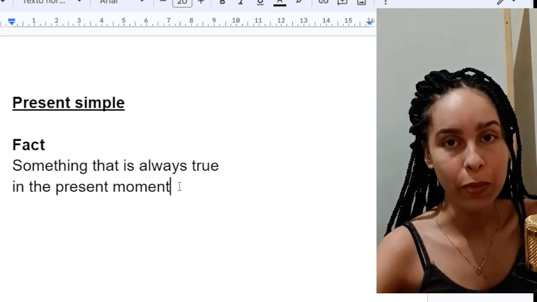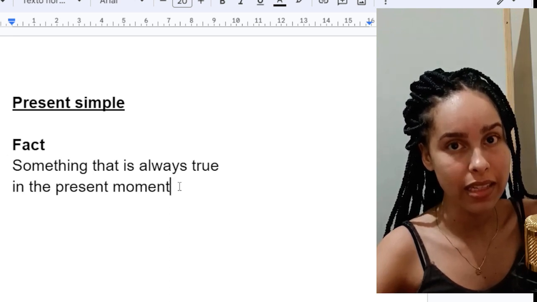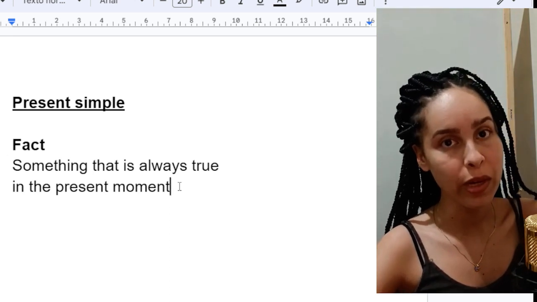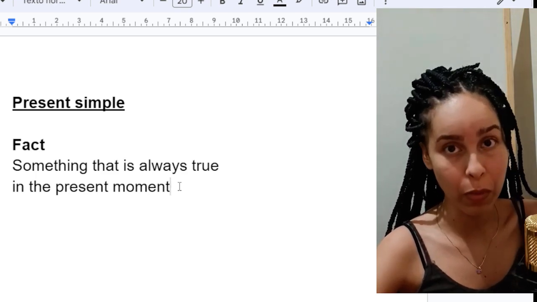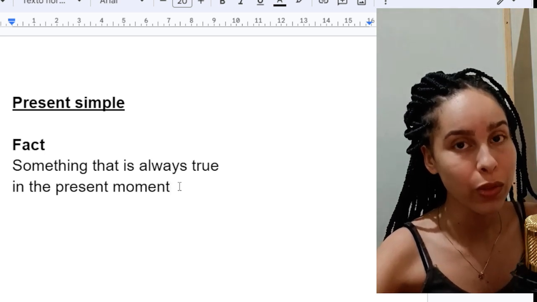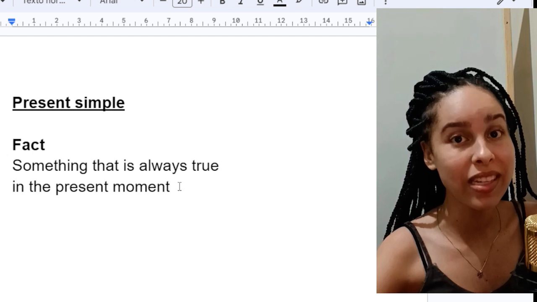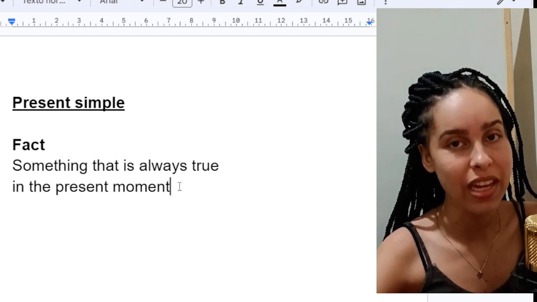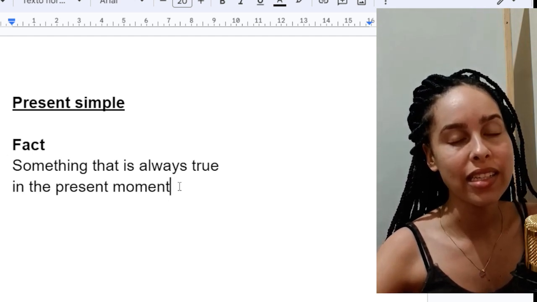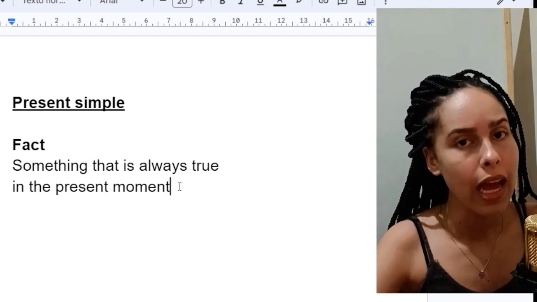So it's the simple present. If I say the sun exists, it's the simple present because it's in the present moment. It exists now. And it's always true because if you ask me this years in the future, the sun will still exist. So it's something that's always true and it's in the present moment.